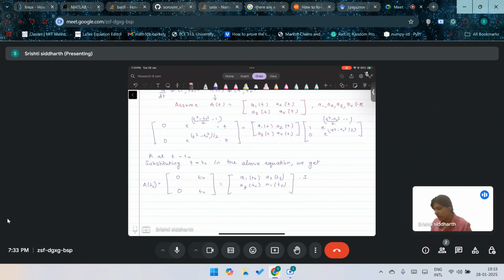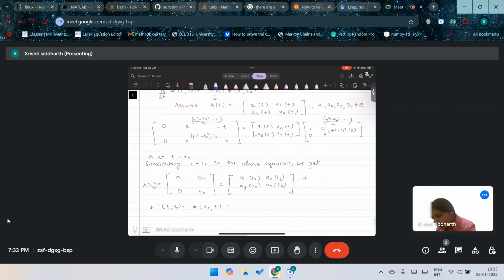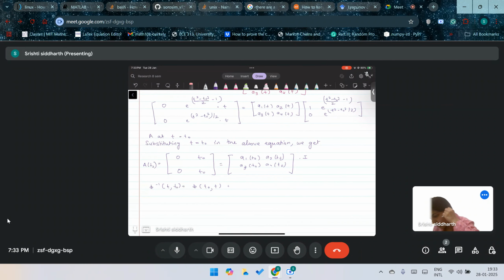And we can also find the inverse of the state transition matrix. So phi inverse (t, t naught) is actually phi (t naught, t). So let's check. So we have the determinant. So it's simply e to the power (t naught square minus t square) by 2.